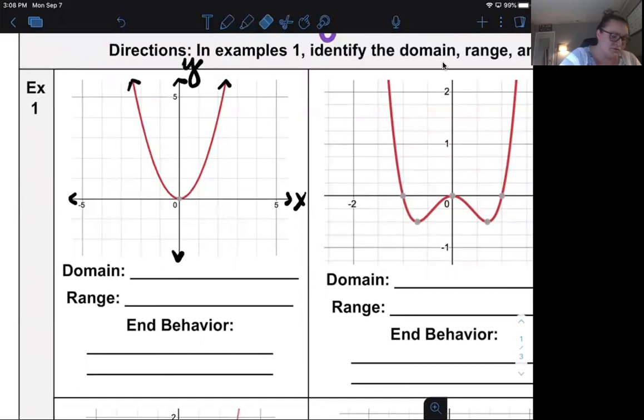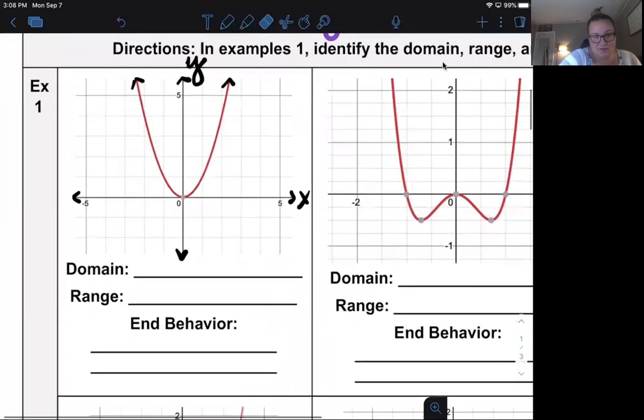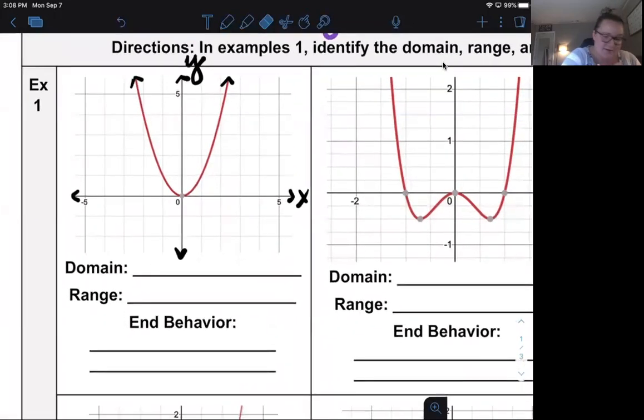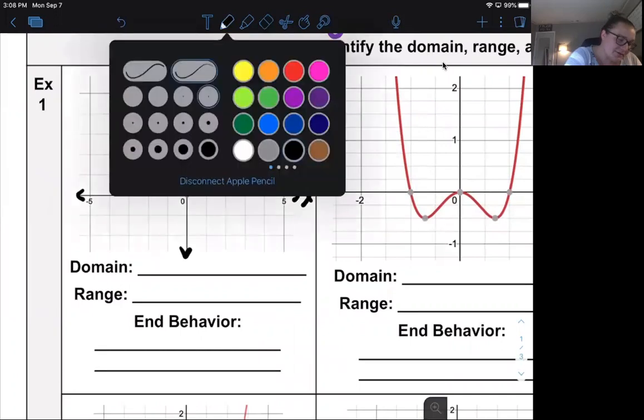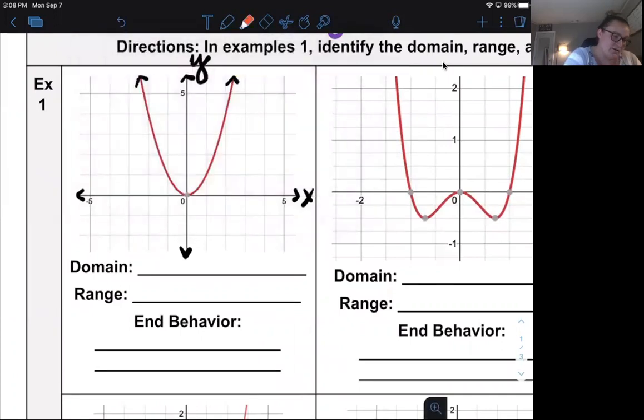Okay, so now that we've added some key labels and some arrows, now we can get to talking about this graph in particular. So this graph, as you can see, is a parabola that faces upward. So it's an upward facing parabola.